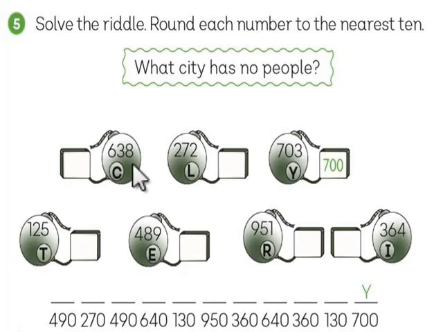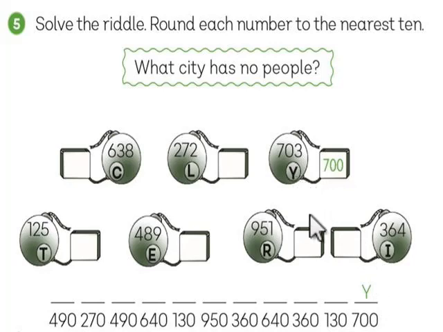Here, last number 5. Can you solve the riddle? Round each number to the nearest 10. What city has no people? So here, 638 is C. The answer is, example, here, 703, when you round to the nearest 10, the answer is 700. 700 is letter Y. See 700 here?